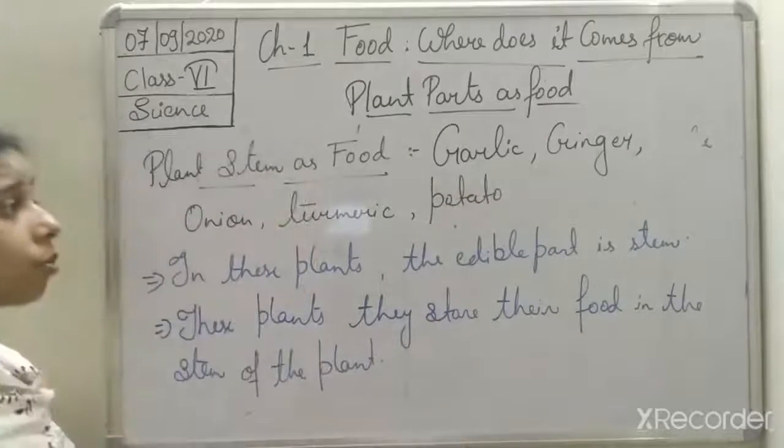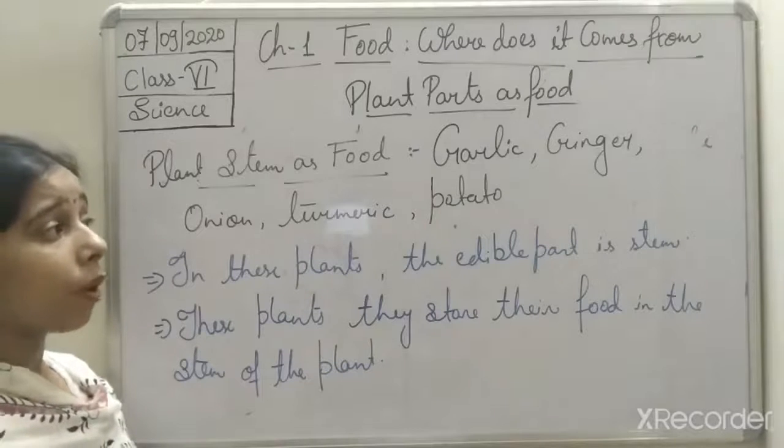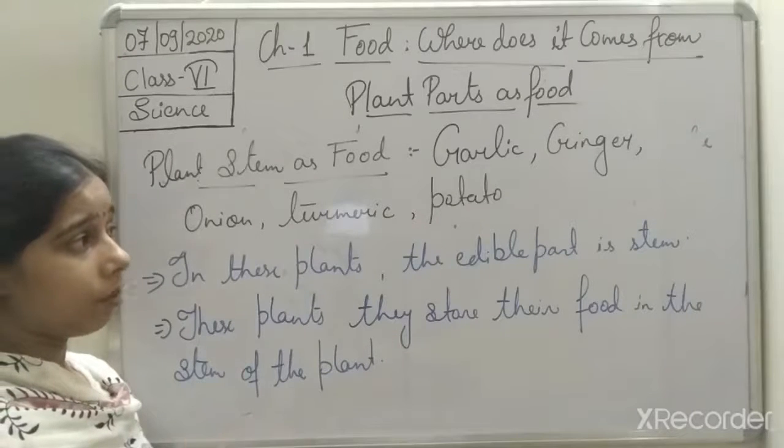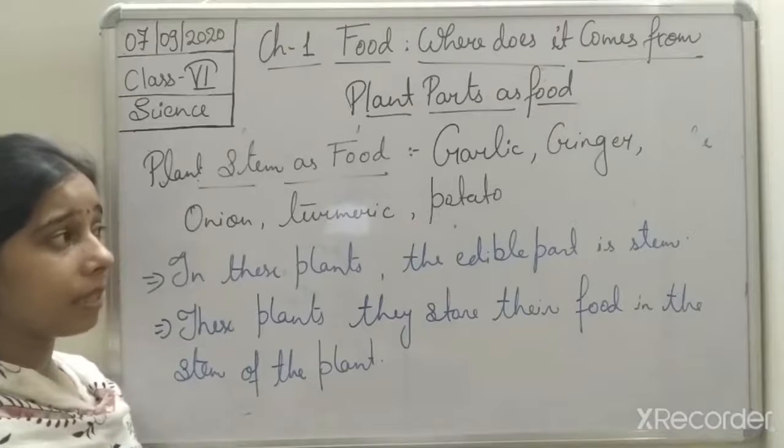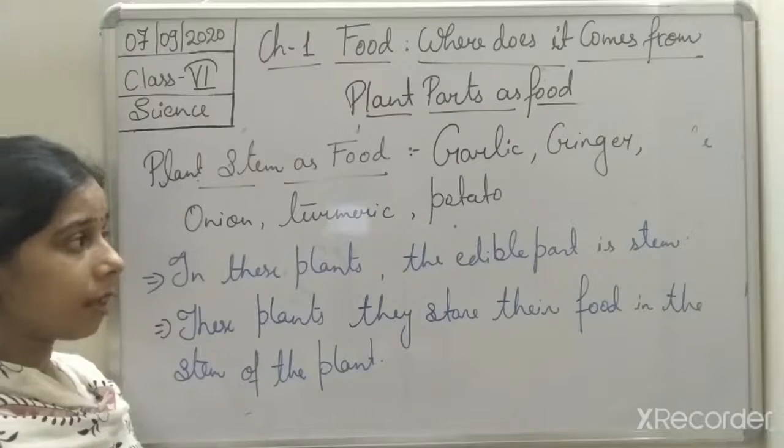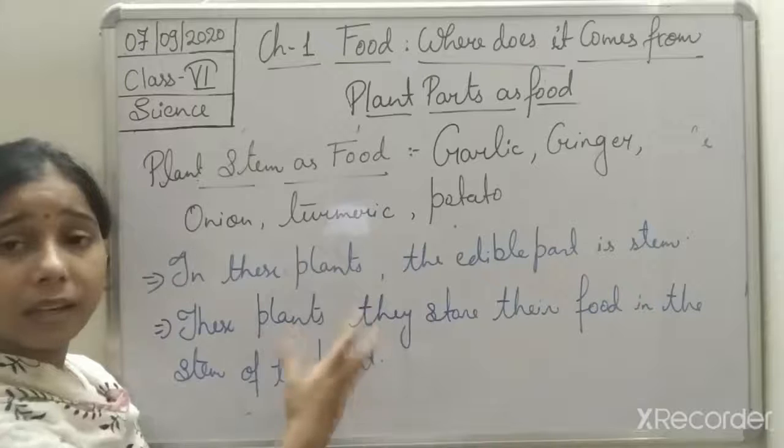So you see, students, all these things are the modified forms in which the food is basically stored in the stem of the plant. So these are actually the stems.